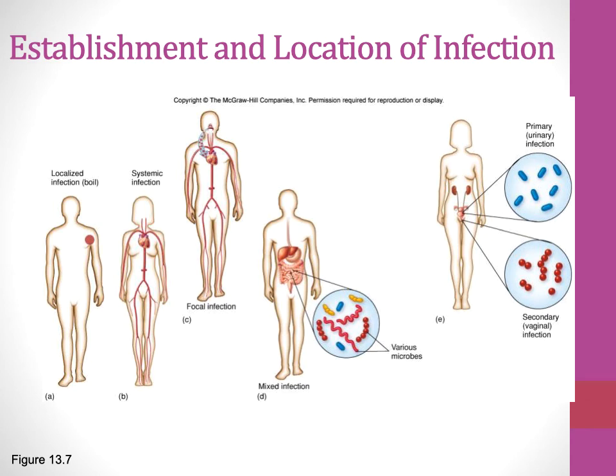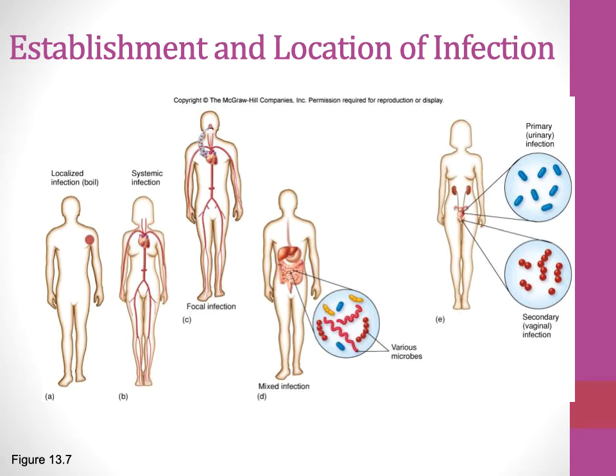When we look at types of infection, we can have localized infections that are found in one location, sometimes referred to as boils, or we can have a systemic infection that would be throughout the body. Many infections are actually mixed infections, and as we get more powerful techniques in the lab, we can identify some of these smaller populations present within an infection.